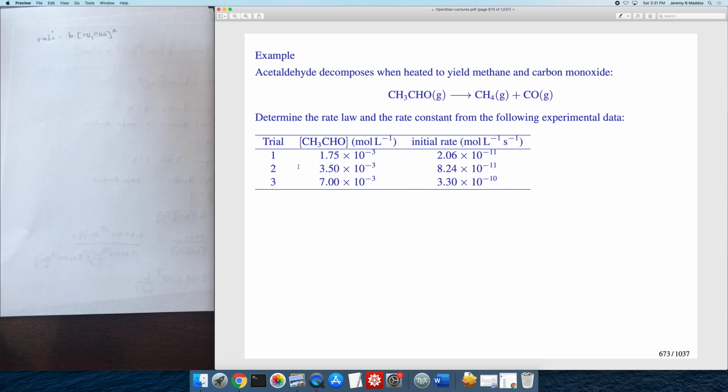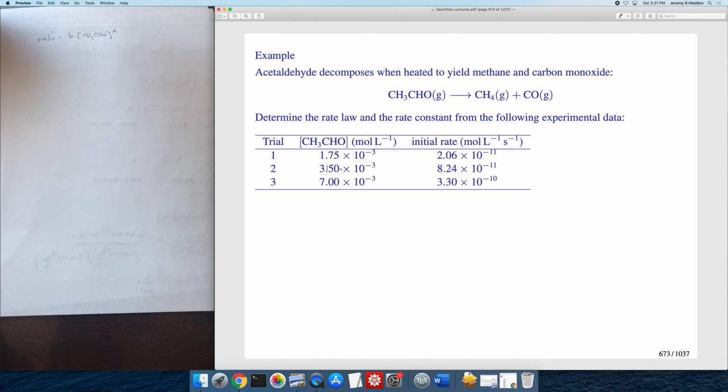And you get a nice doubling of the concentrations here, or you could use this one where you get a nice doubling of the concentrations. Looks to me like the rate quadruples, does it not? You go from 2 to 8 when you double the concentration of the reactant.